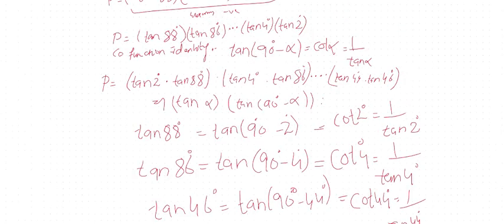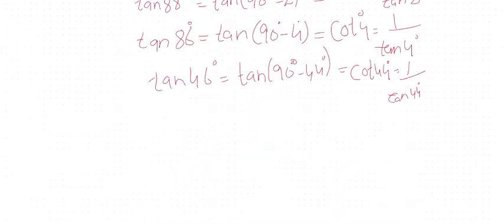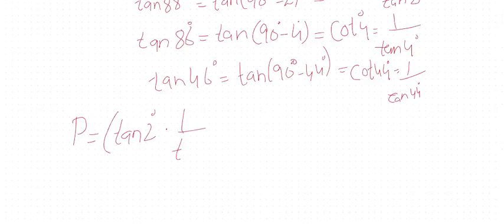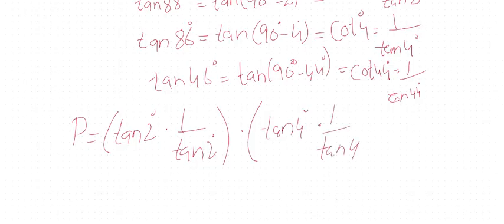What we get is P equals tan 2 degree dot 1 by tan 2 degree dot tan 4 degree dot 1 by tan 4 degree, and so on, tan 44 degree dot 1 by tan 44 degree.